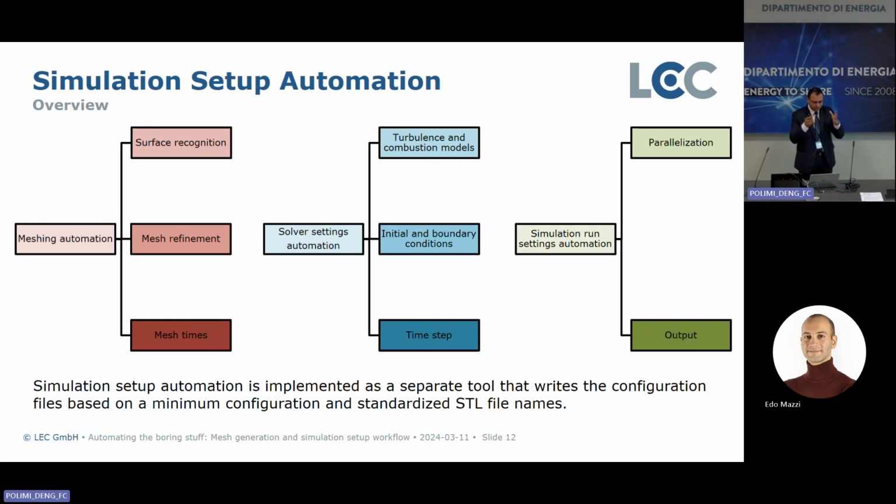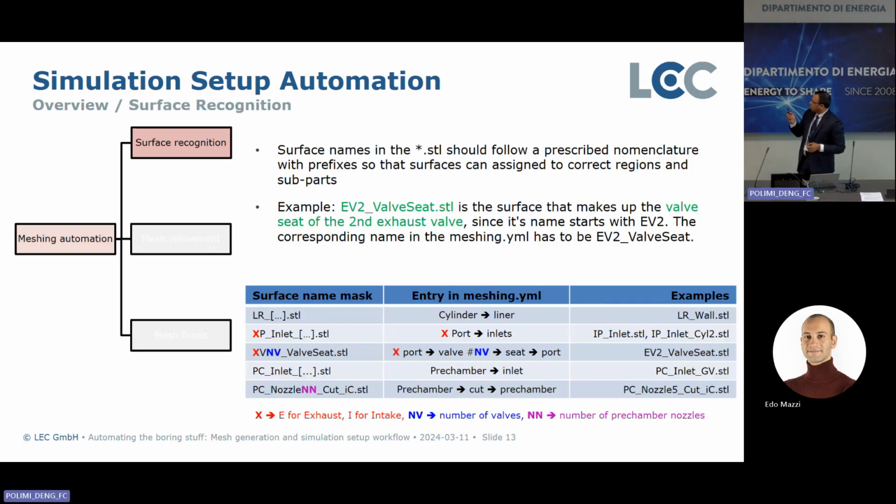So the automation tool takes care of it and prepares the OpenFOAM case setup for you. Today I'm going to focus more on the meshing automation part because the rest of it is still under development. So, starting with the meshing automation.